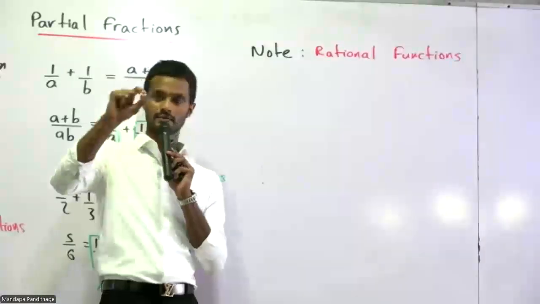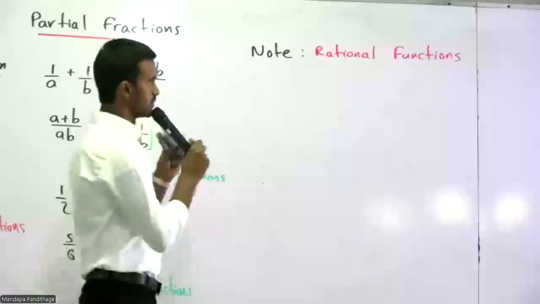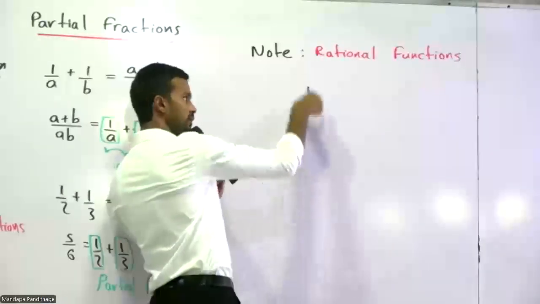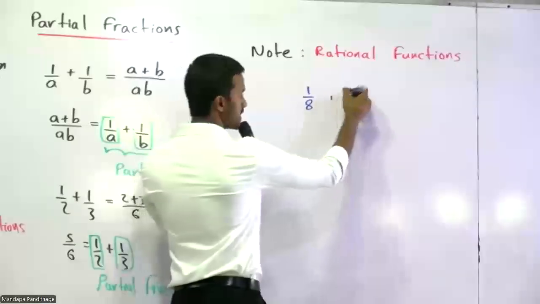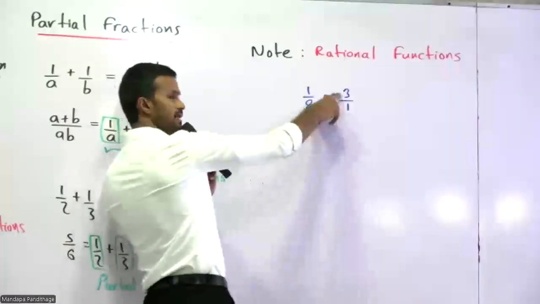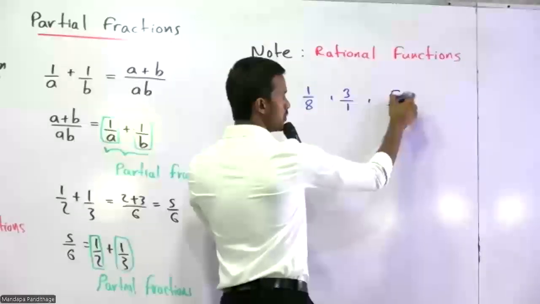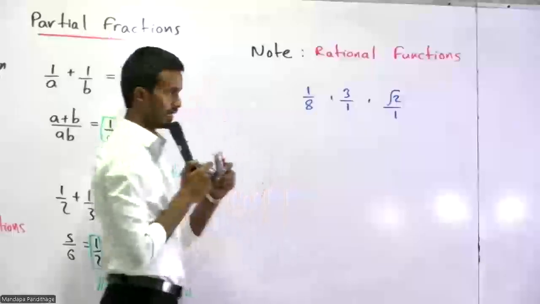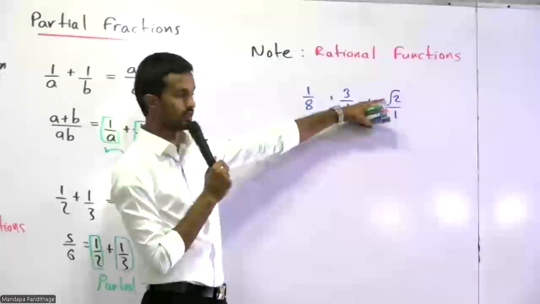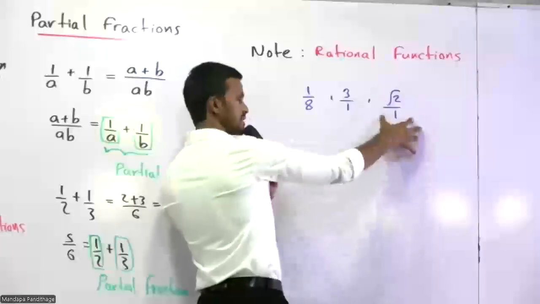If we can express a number as a ratio of two integers, we call it a rational number. Take 1 over 8: 1 is an integer, 8 is an integer, so 1 over 8 is a rational number. 3 can be written as 3 over 1, so it is rational. But root 2 over 1: 1 is an integer, but root 2 is not an integer, so this is not a rational number.